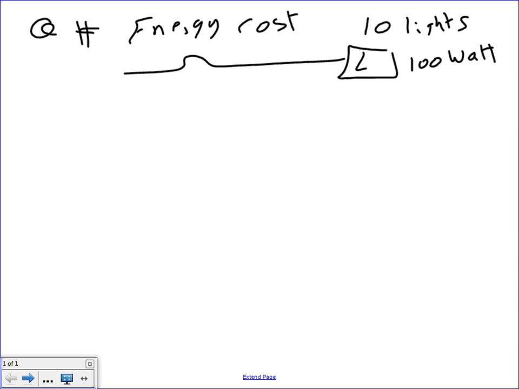And the cost: it costs 10 cents for every kilowatt hour.